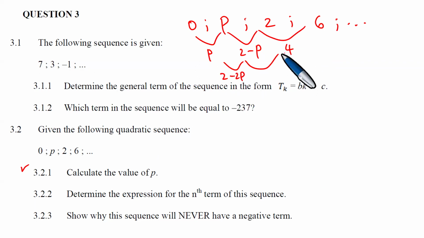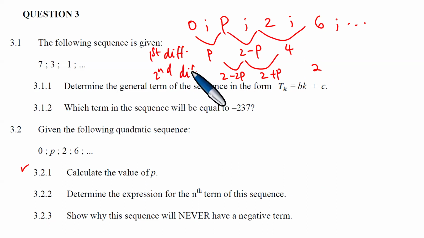If it's quadratic, it means the second differences must be constant, because these are the first differences and these ones become the second differences.